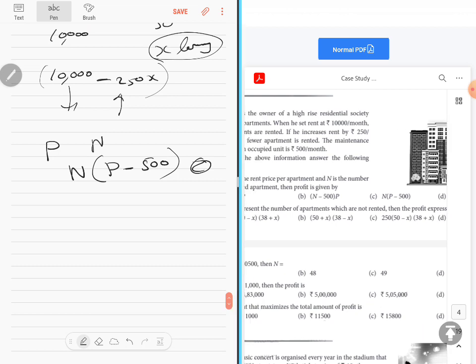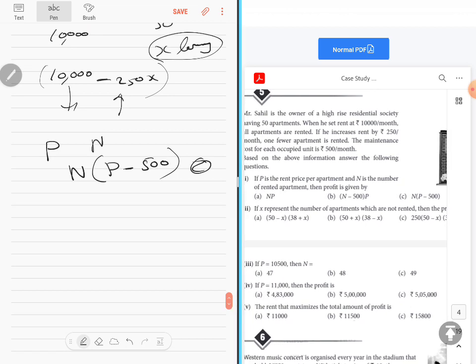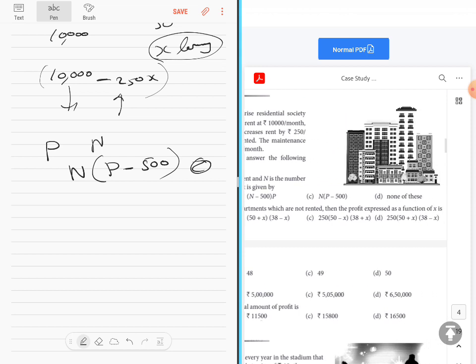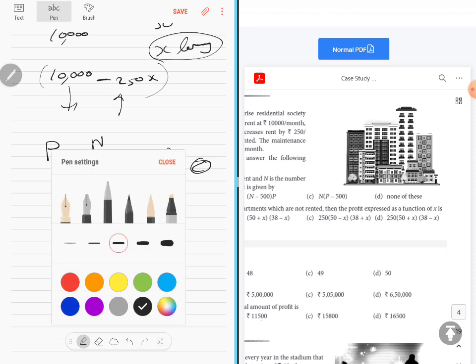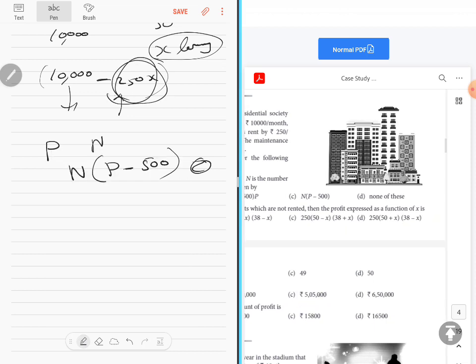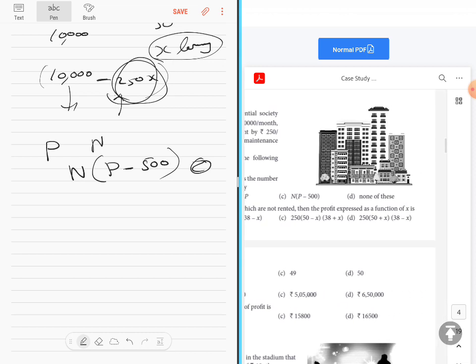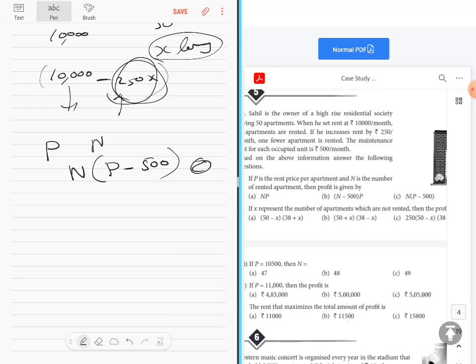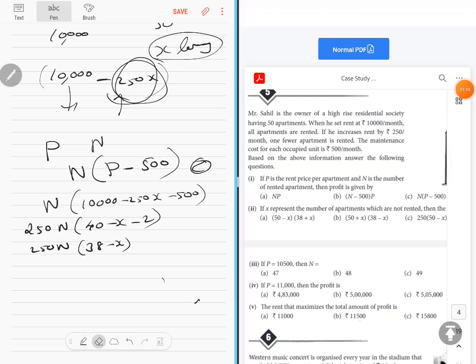So let's go to the next question. If x represents the number of apartments which are not rented, then extra 250x will be knocked off from his rent. The profit expressed as a function of x: you know that 10,000 minus 250x, because after x days 250x would have been reduced.